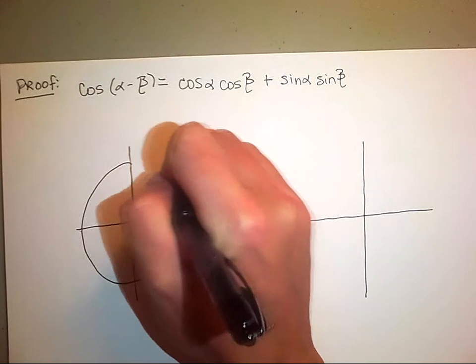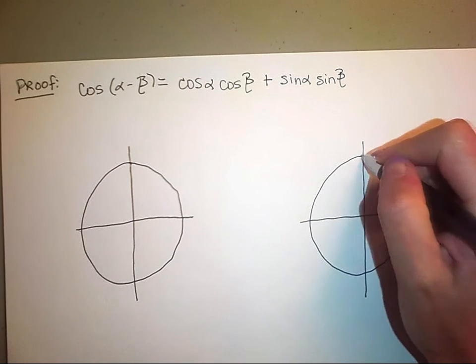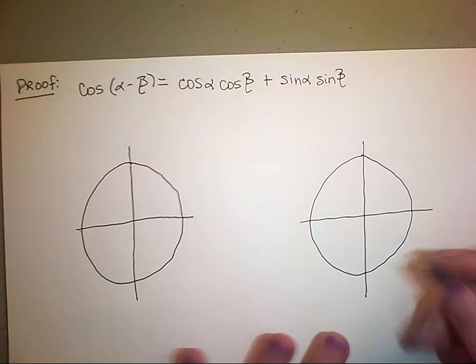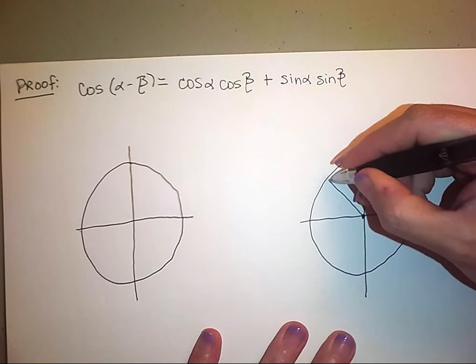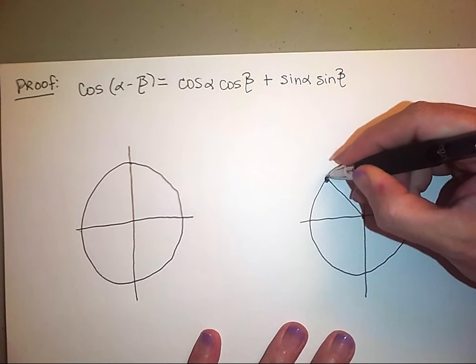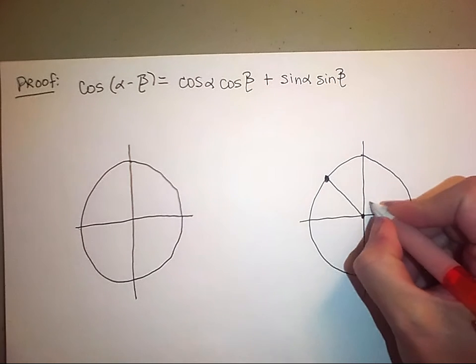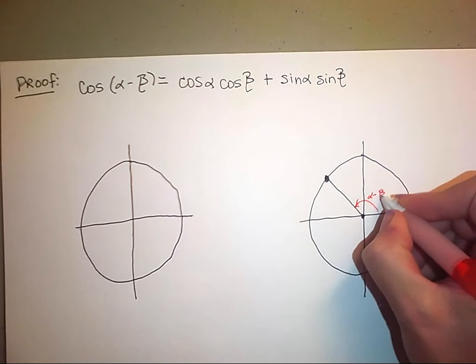Let's put two unit circles down. We know that we could draw an angle like so. It would be measured in standard position, from here to here. And let us call this alpha minus beta.